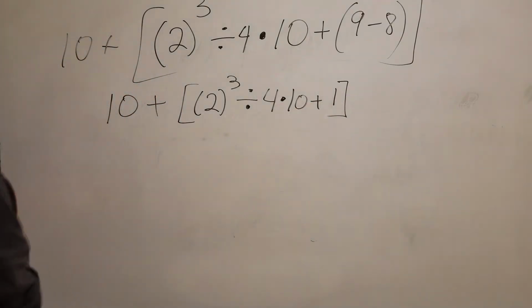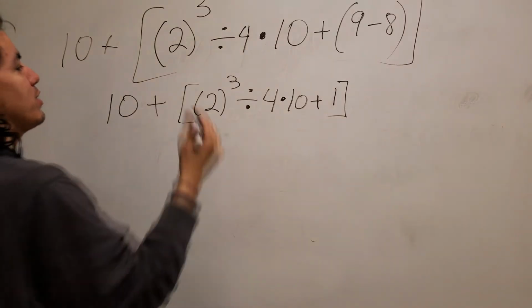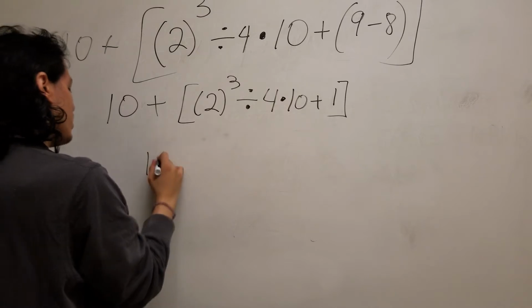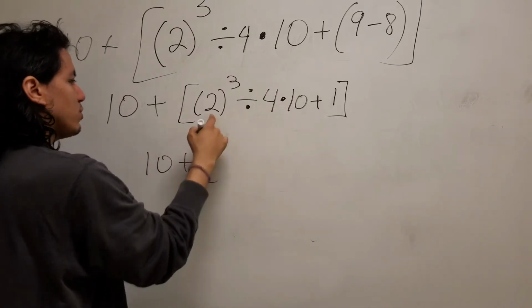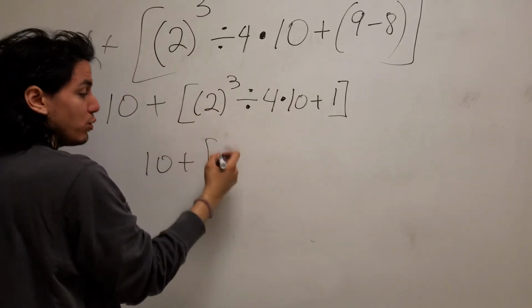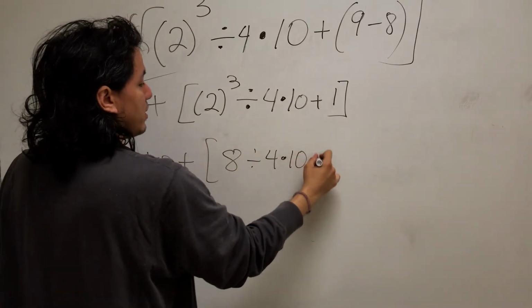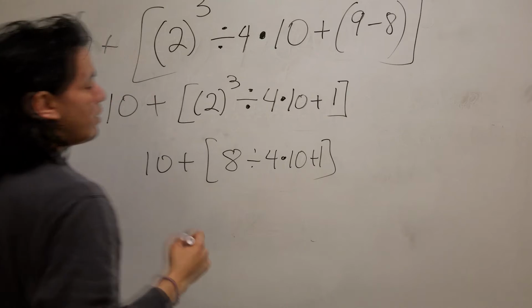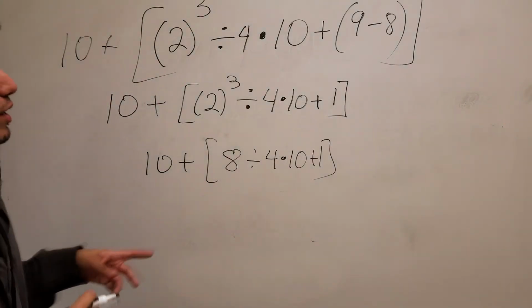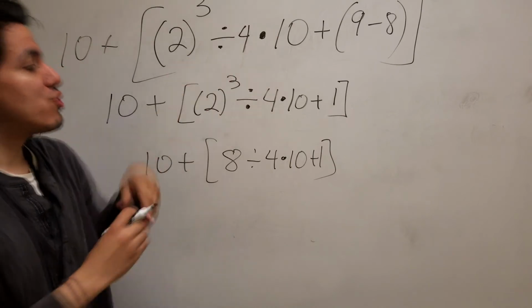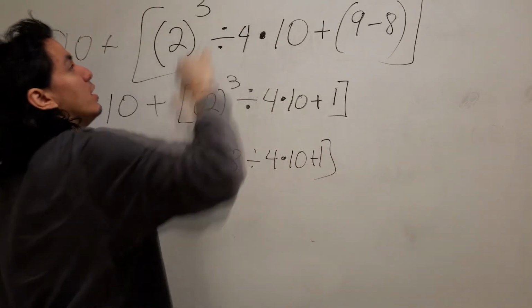Okay. Now, the next order of operation is going to be exponents. So let's turn this. So 2 times 2 times 2, that would be 8 divided by 4 times 10 plus 1. Now, a lot of people would immediately put 4 times 10 because multiplication, hold on.